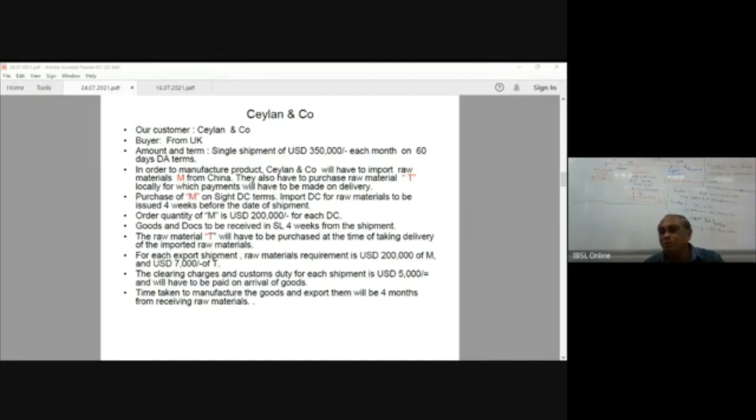If the non-payment telex does not come through on the due date, we assume that it will be paid, and normally it will not be paid on the same day. After 2 days, 3 days, it can happen.